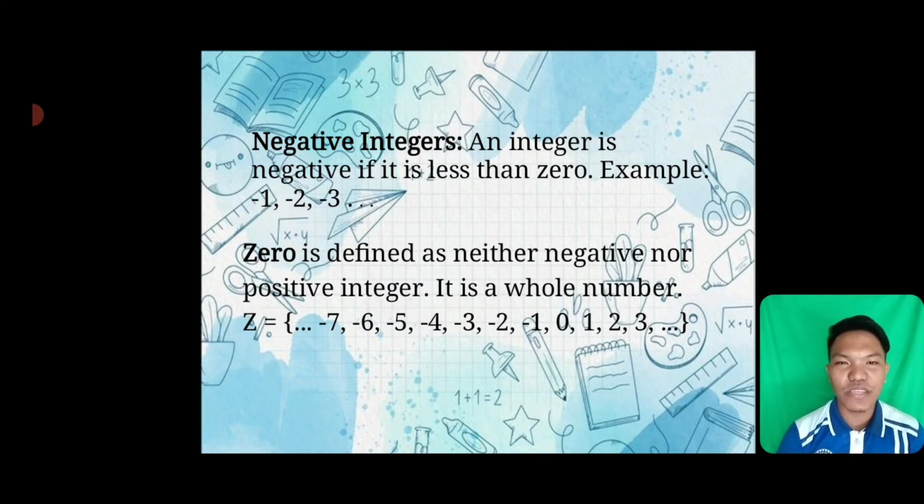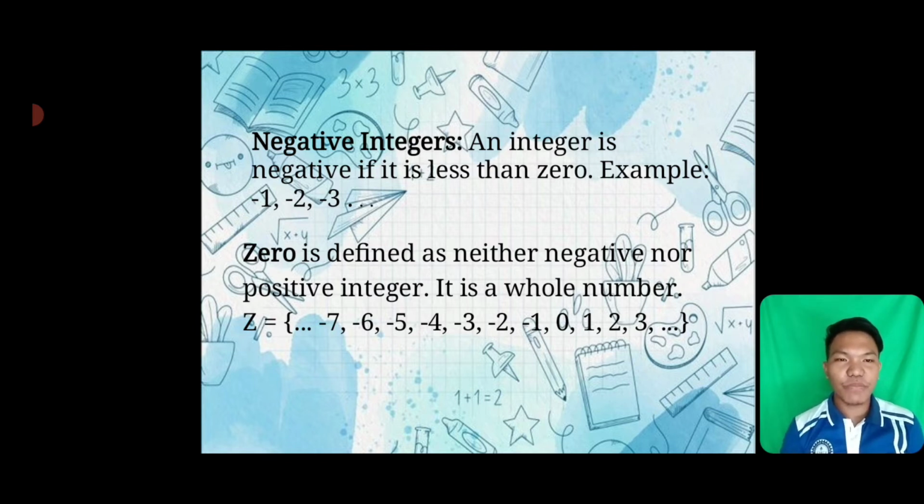So next, let's proceed to the 0. Zero is defined as neither a negative nor a positive integer. It is a whole number. Example, negative 7, negative 6, negative 5, negative 4, negative 3, negative 2, negative 1, 0, 1, 2, 3, and so on.